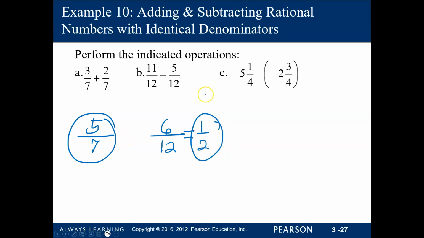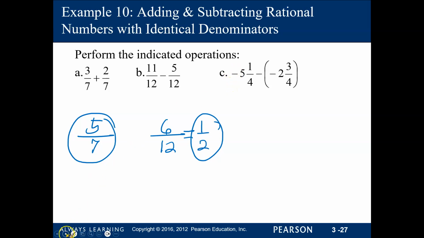All right. Now, the tricky part is if you have integers in your mixed numbers. When you change this to mixed numbers, you are just changing the fraction part. Do not include yet the negative.